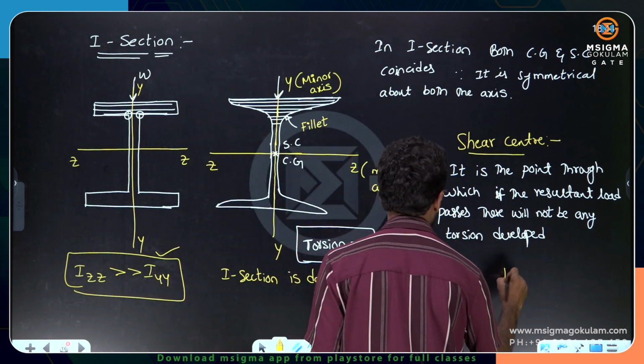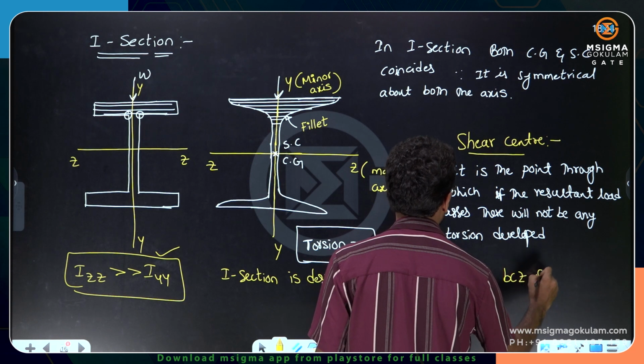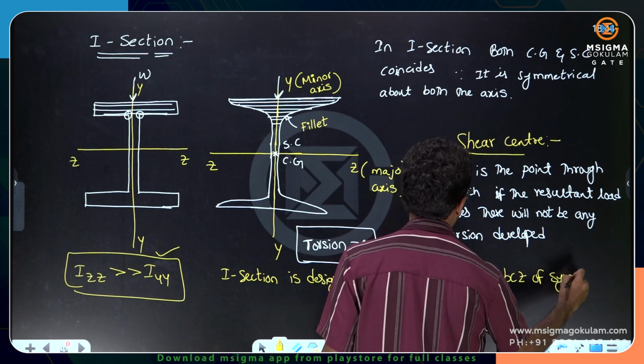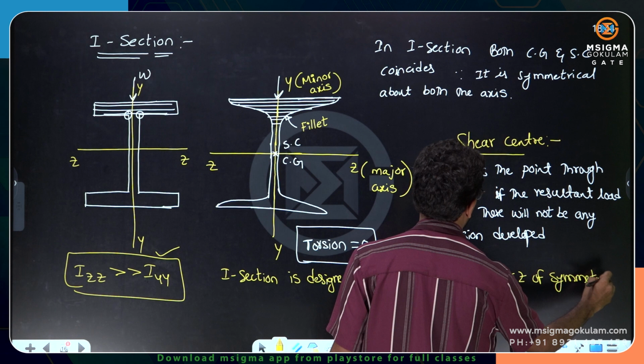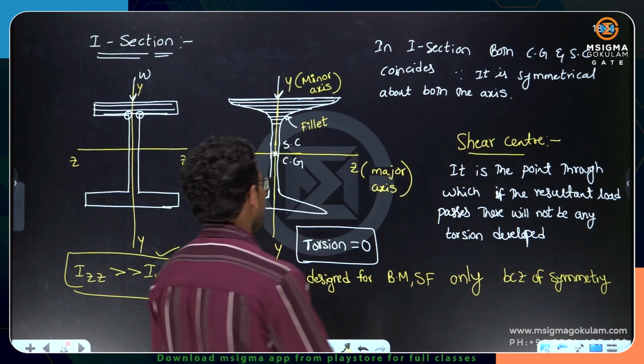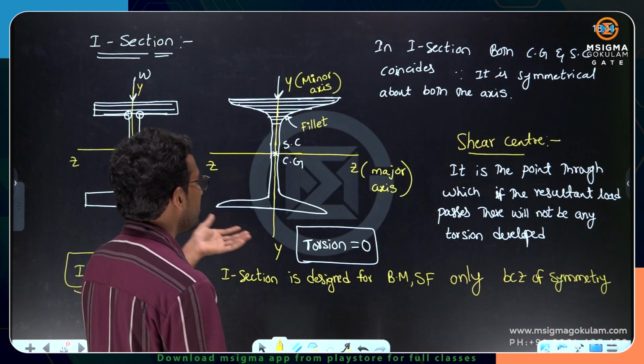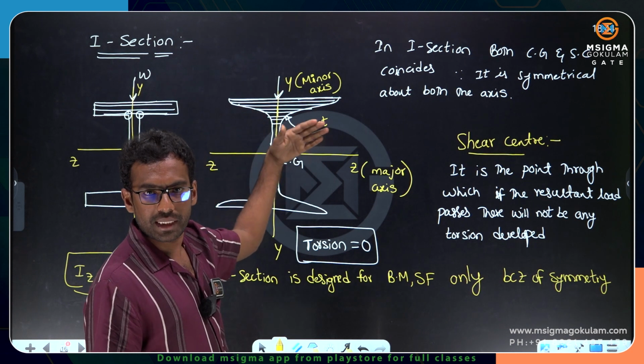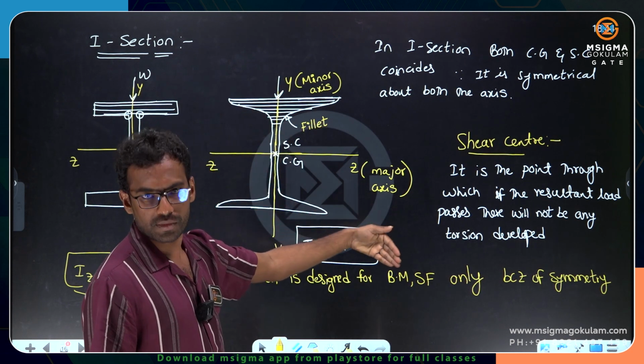Okay, what is the only reason? Because of symmetry. So please try to understand this. Whereas, if you look at another section where symmetry is not there in both the axes, then you have to design for torsion also. Fine.